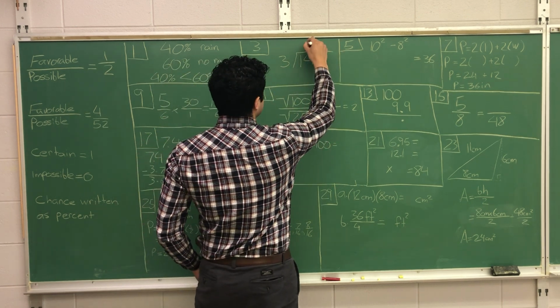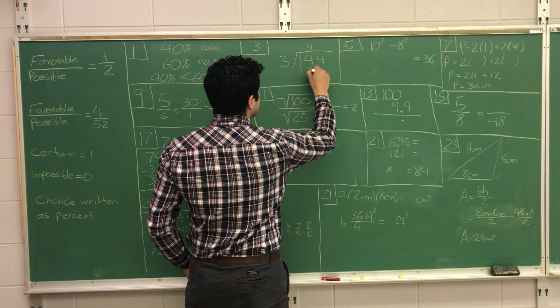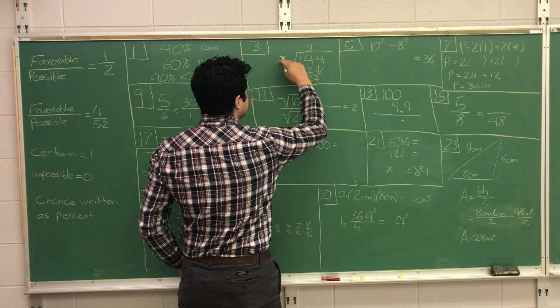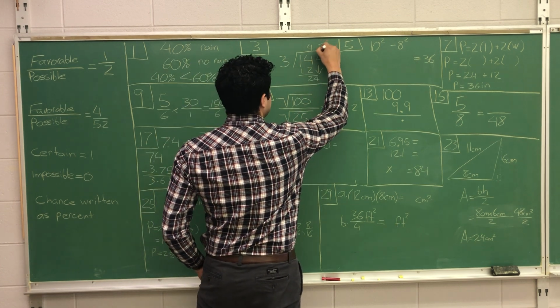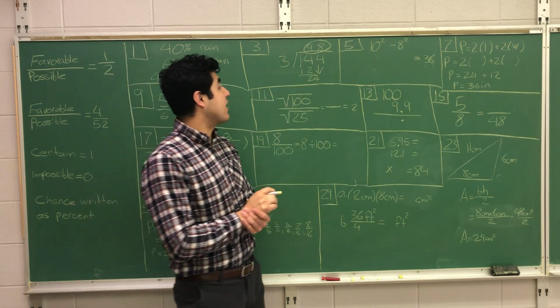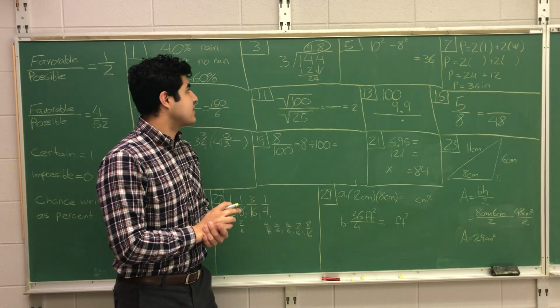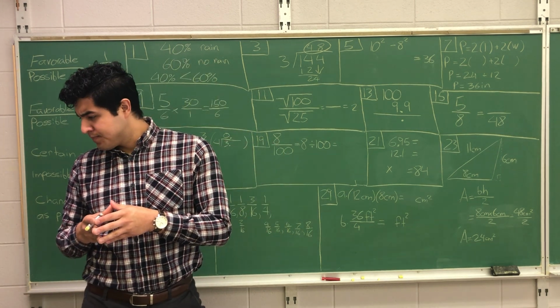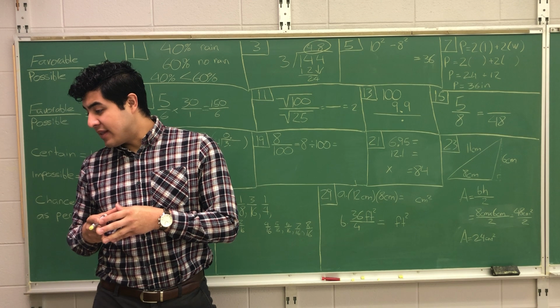So 3 goes into 14 four times. 12, subtract, 2, bring down the 4. So 3 goes into 24, 8 times. So the average of these numbers was 48. And that answers our question.